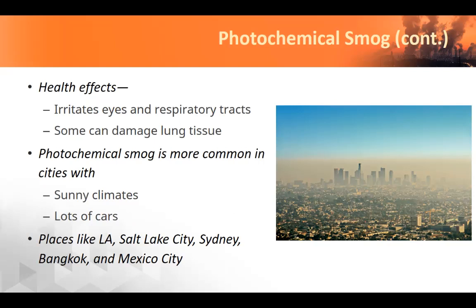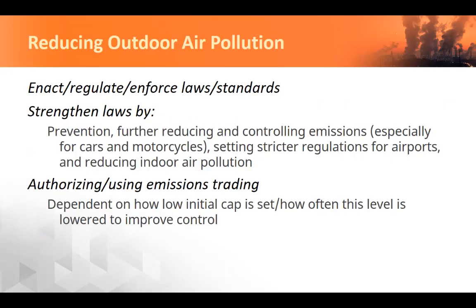So, what can we do if we're seeing higher levels of industrial or photochemical smog to reduce overall outdoor air pollution? The answer is we need to really start looking at enacting, regulating, and enforcing laws and standards. We can strengthen our laws by prevention.